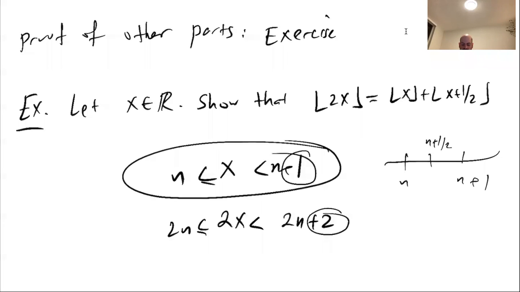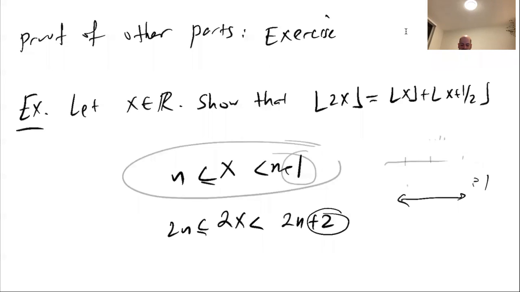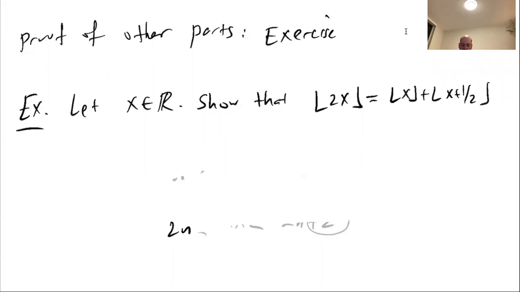So again, the idea is that this gap between n and n+1 is too big. I won't be able to calculate floor of 2x. But if I divide this gap into 2 smaller gaps, then I can fix this issue. So how can I write my proof then? I explained the idea. Now the solution or proof.